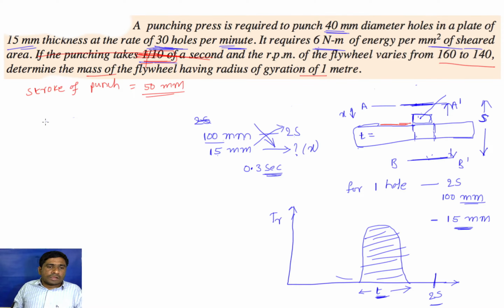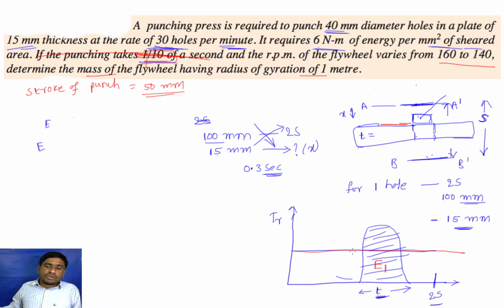Again, we know E is the given energy required by the hole, and what is E1? We can calculate E1 like this. If you can recall from this, this is the E1. So how to calculate E1?